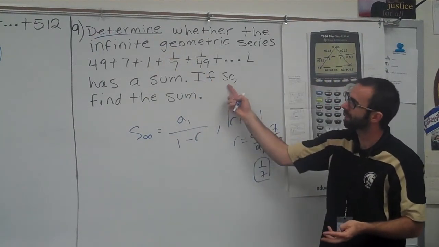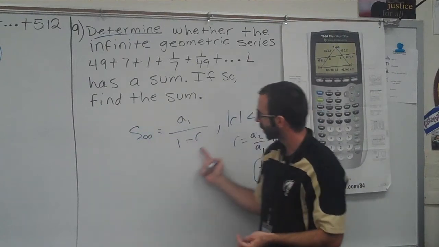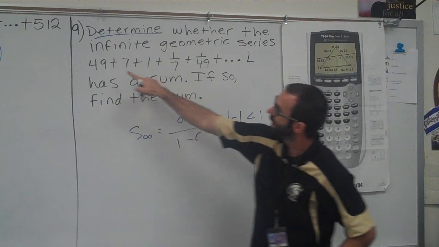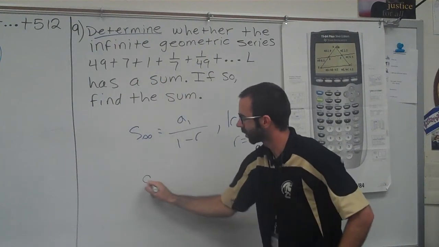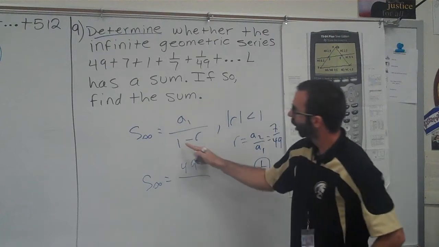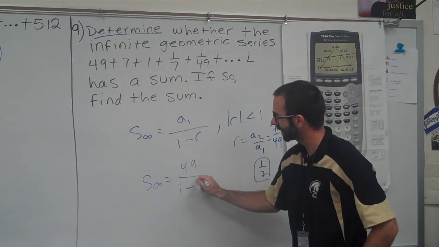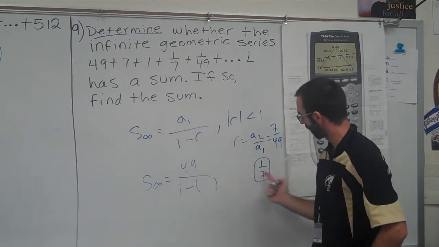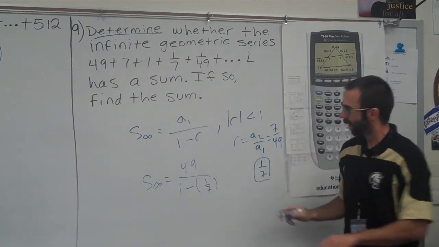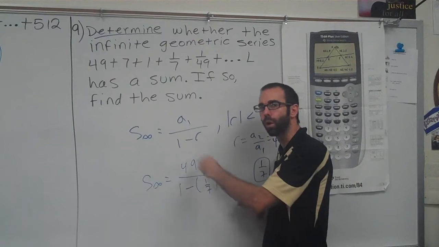Now the second part, if so, find the sum. That's when we're just going to plug it in right here. Our first term, a sub 1, is 49. So the sum of the infinite terms is 49 all over 1 minus our r, and our r is 1/7. Our calculator will generate this for us.